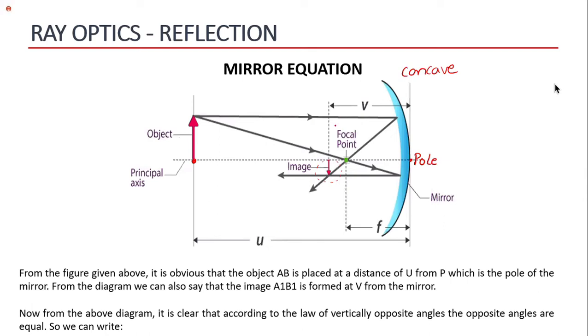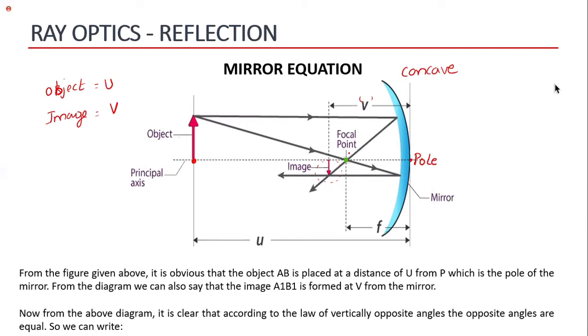The distance between your image and the pole is the image distance, represented by v. Please understand, your object distance is always u and your image distance is always v in ray optics.